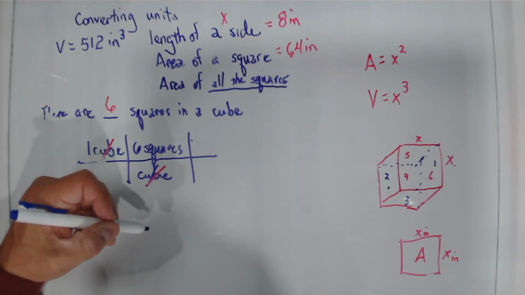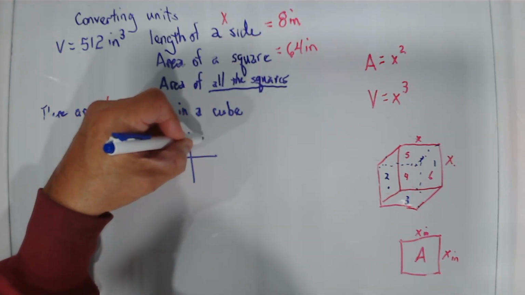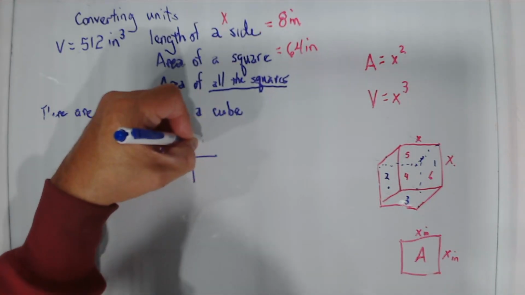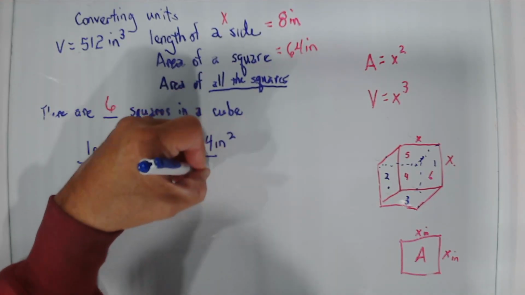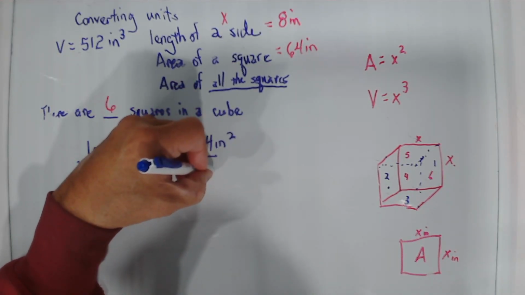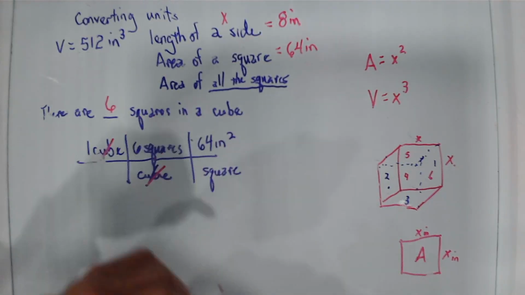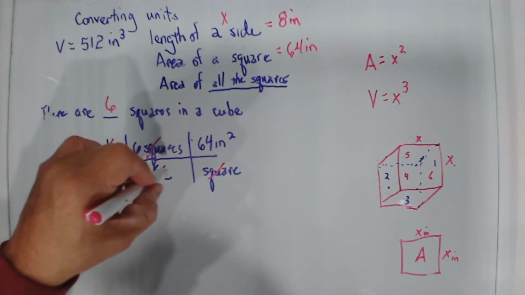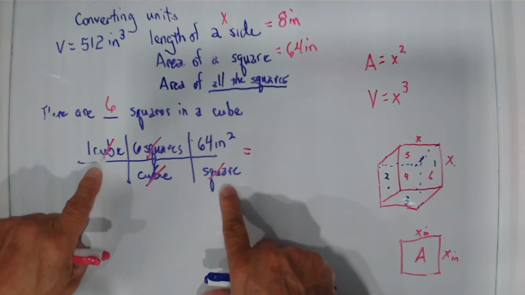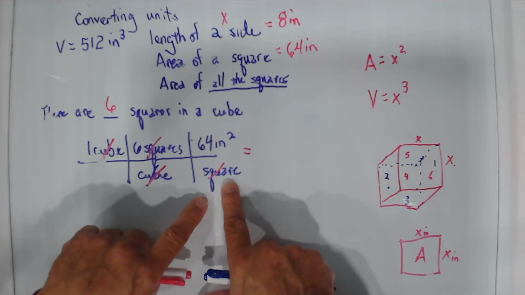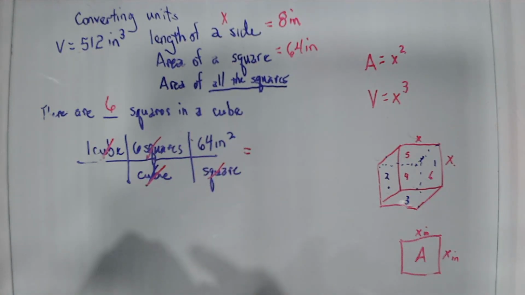So we can write down 64 inches squared per square, and that will let our units help us solve the problem. So cubes cancel out, squares cancel out, and we get 64 times 6.